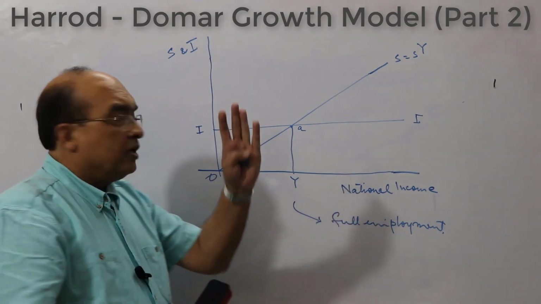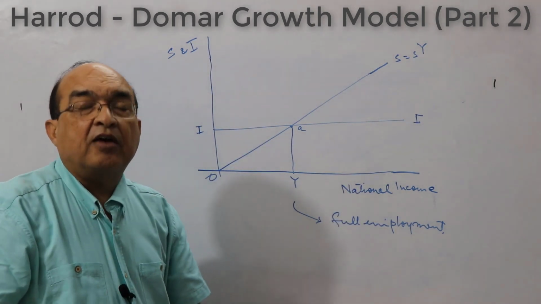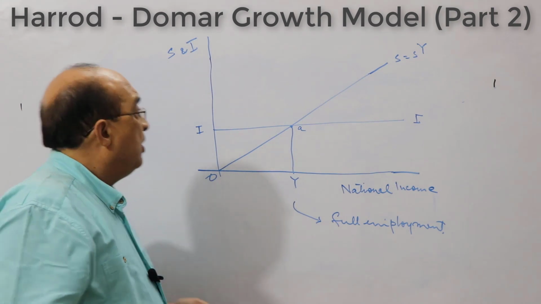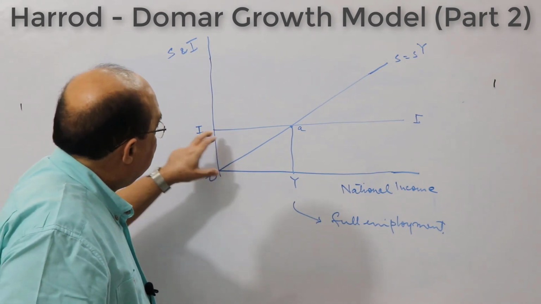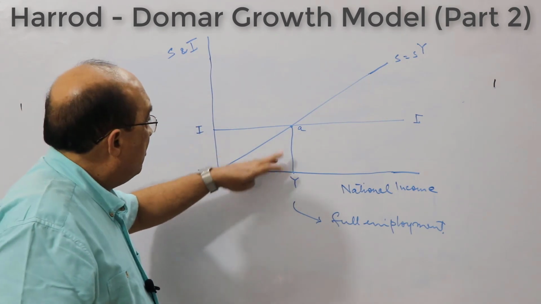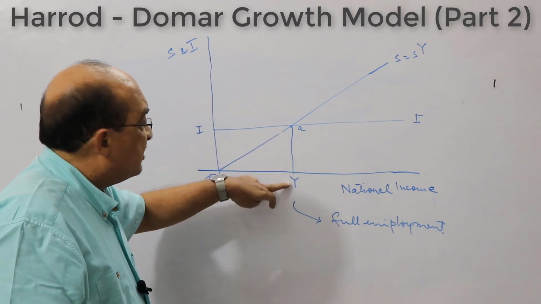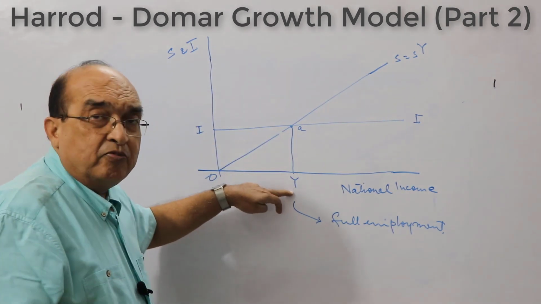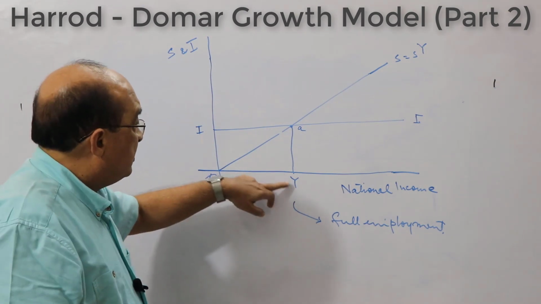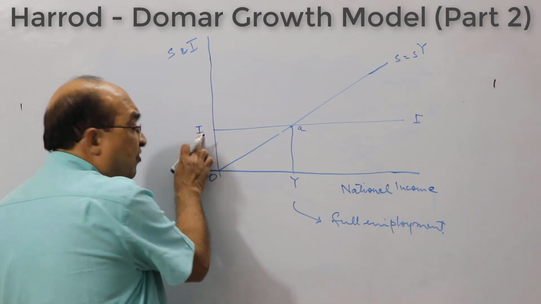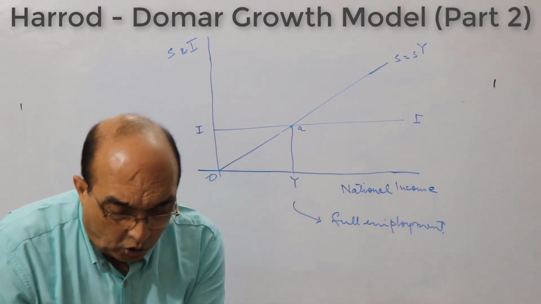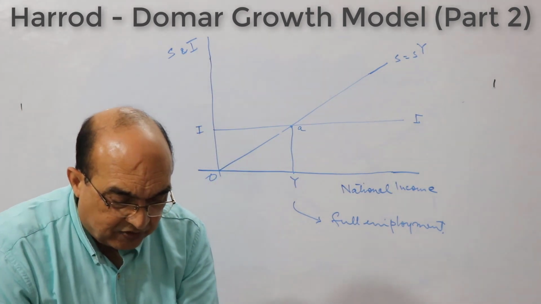Now the growth process begins for the purpose of our model. The investment that has taken place in this time period, which is equal to the saving function at this level of income, the full employment level, will augment the productive capacity.